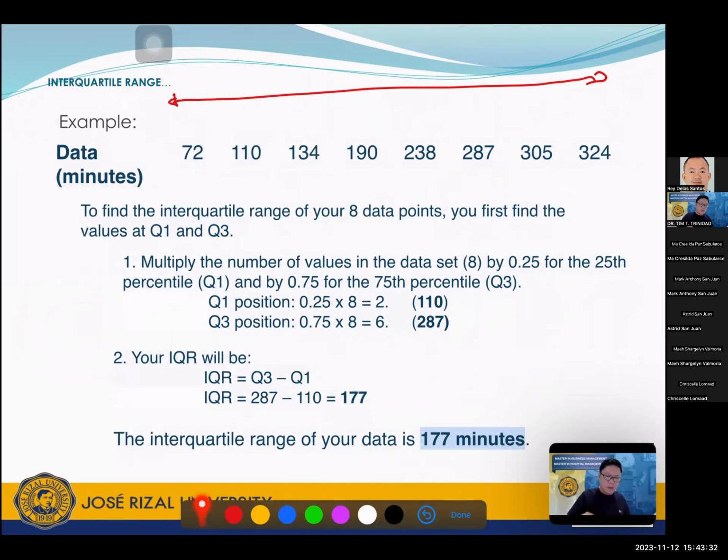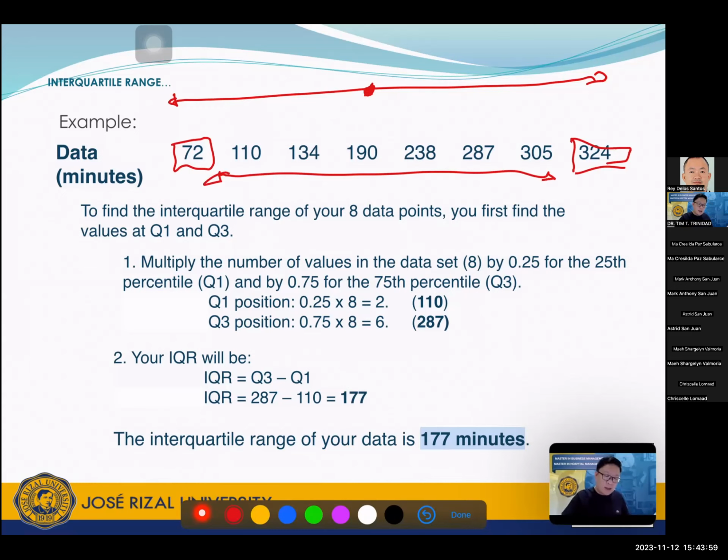When you talk about the mean, we're looking at the middle. That's all we're talking about. Here, we talk about the spread from 72 to 324. The spread is different when we compare it with the center.